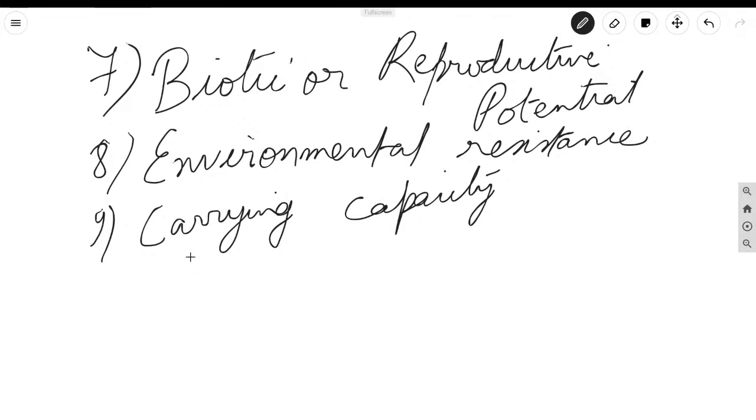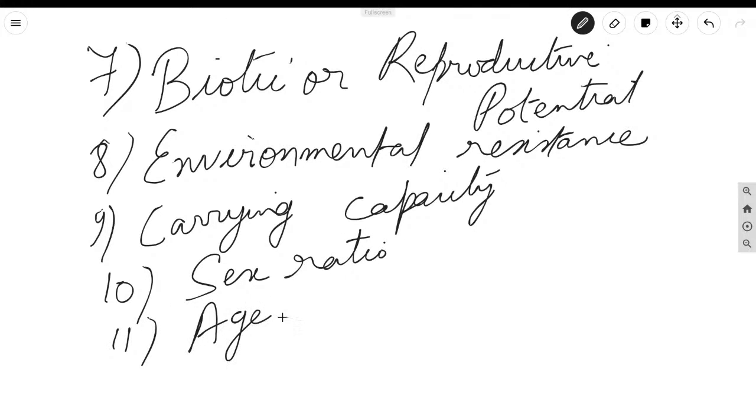So we'll talk about each one in detail, just giving the gist of it right now. Sex ratio, then we have age ratio. Under age you will have pre-reproductive age, then reproductive age, then post-reproductive. We'll come into that also.